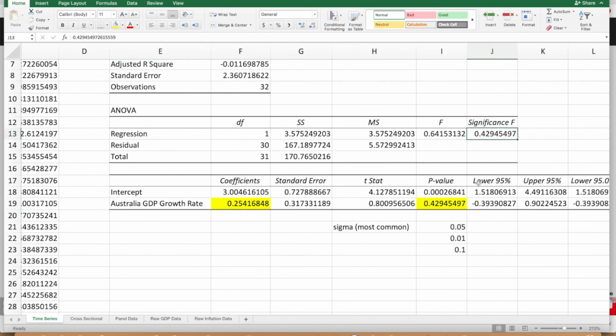That one's kind of the p-value for your entire regression model instead of just one specific independent variable. The reason that they're the same so far is because our entire regression model in this case is just one independent variable.